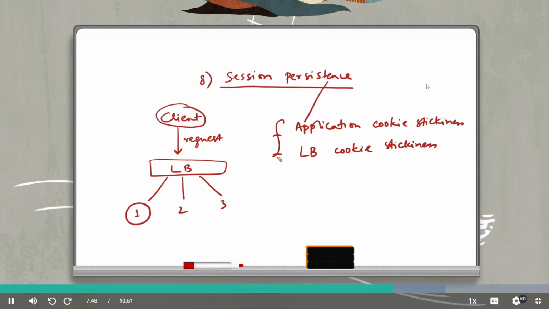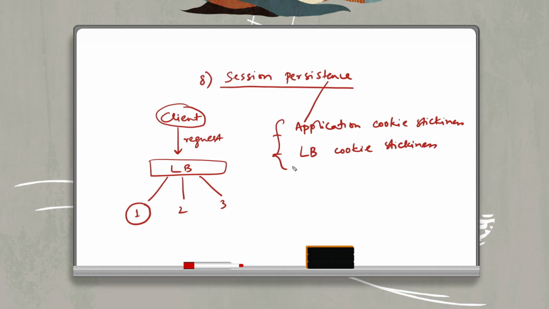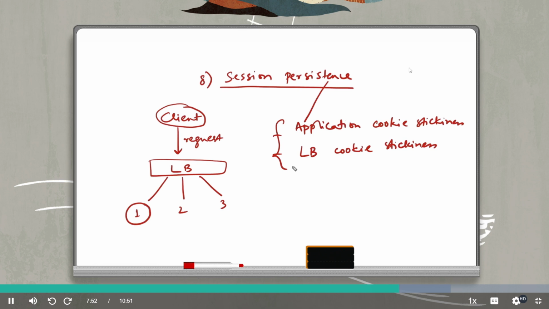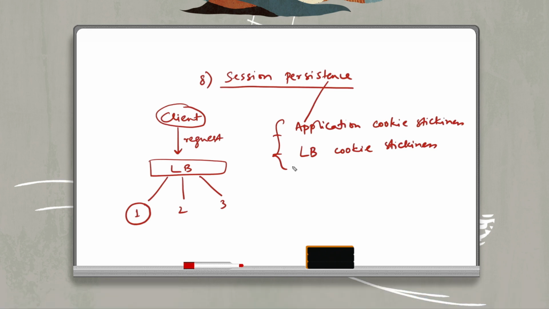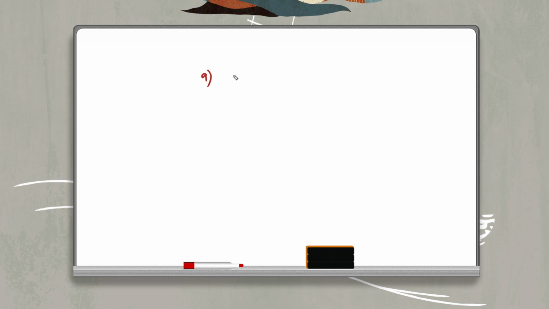So we'll not go into these details, but I just wanted to explain to you at a pretty high level what is the meaning of session persistence. So in a nutshell, all the requests originating from a client are going to be sent to a single backend server.